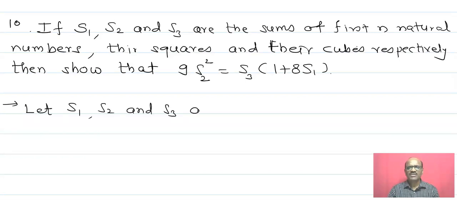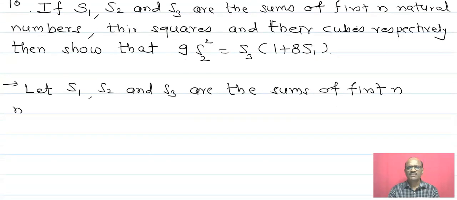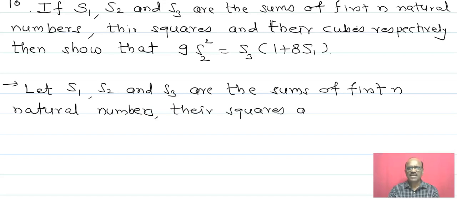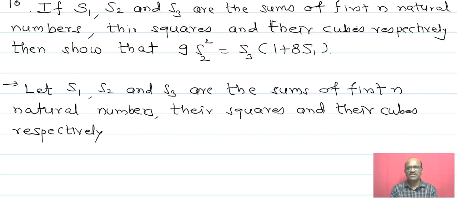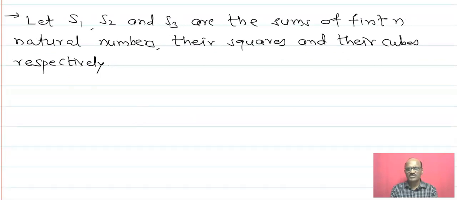Now see this, S1, S2 and S3 are the sum of the first n natural numbers, their squares and their cubes. This was the starting phase of this problem. Therefore, S1 is equal to the summation of r, r equals 1 to n, that is n into (n plus 1) upon 2.